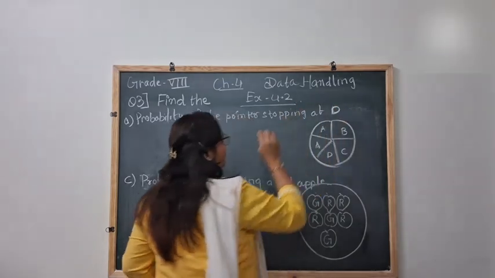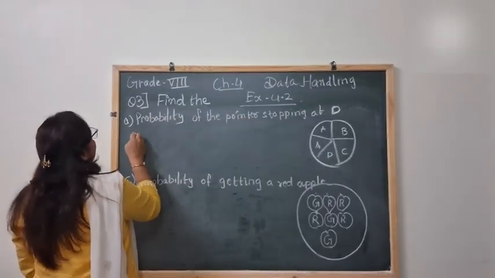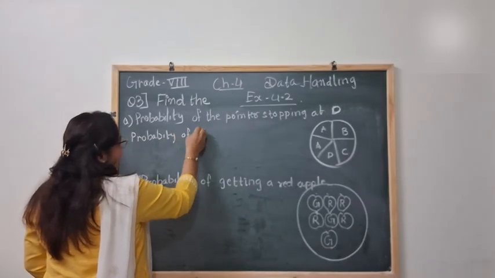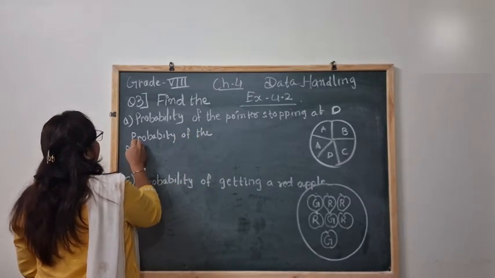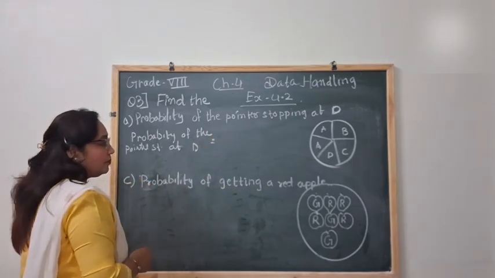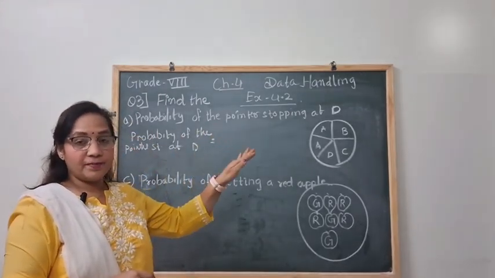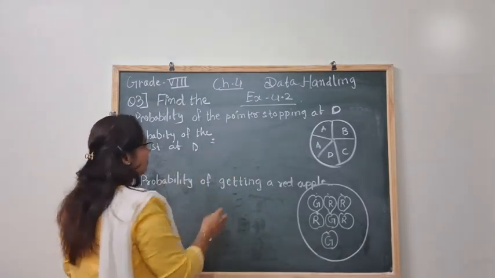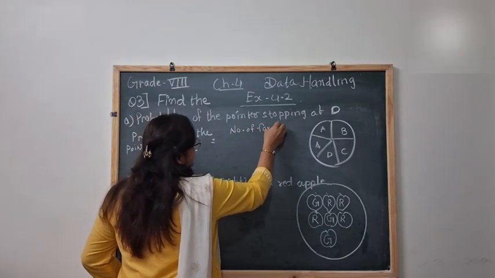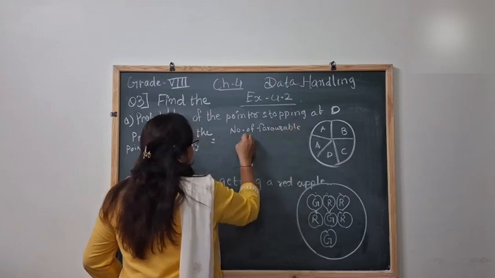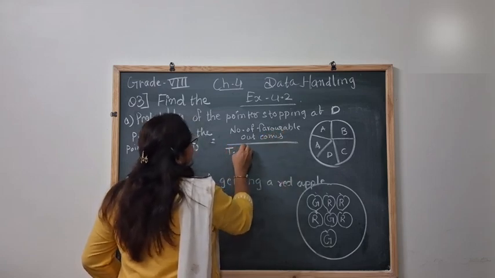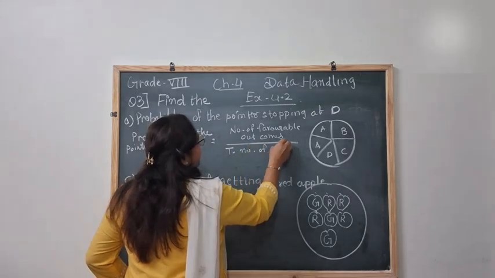So here when you find the probability of the pointer stopping at D, it is equal to number of favorable outcomes upon total number of outcomes.